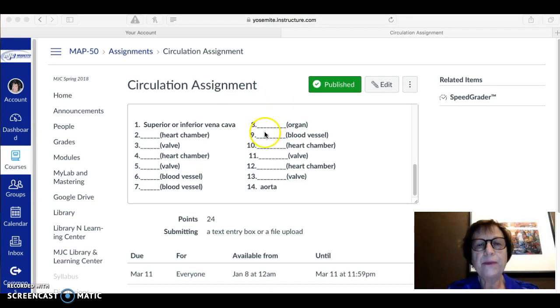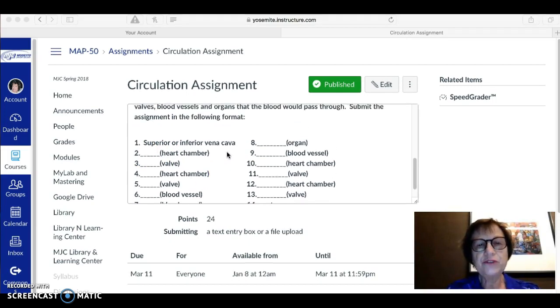And then when they come back, this blood vessel brings the blood back to the heart. And you'll go into this chamber, through this valve, to this heart chamber, to another valve, and out to the aorta. So you want to fill in the blanks from numbers 2 through 13.